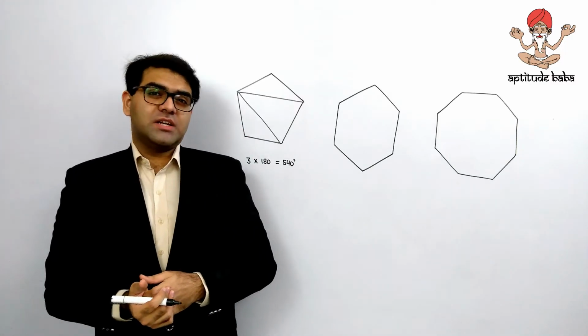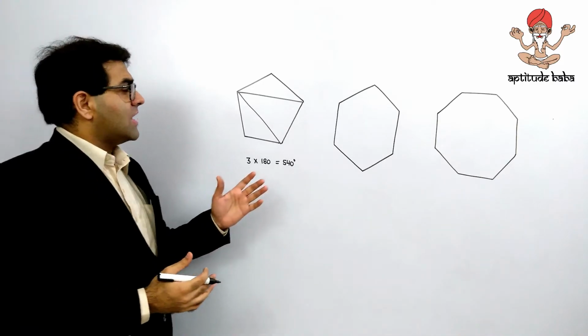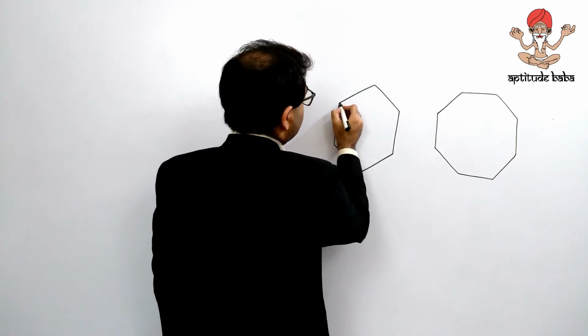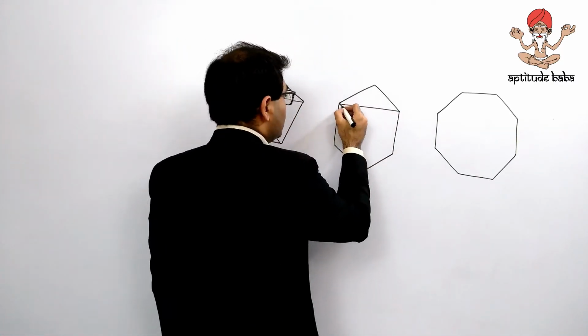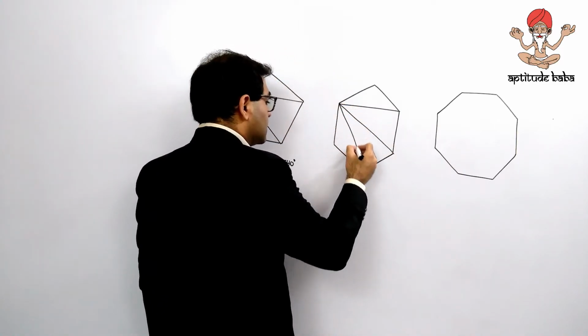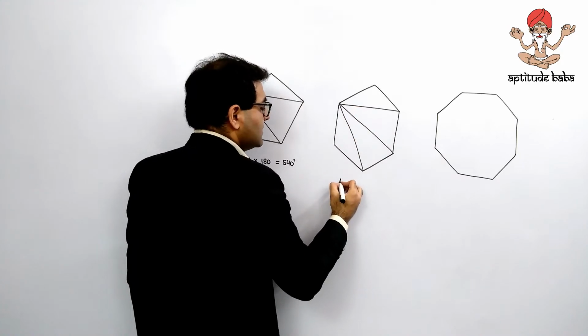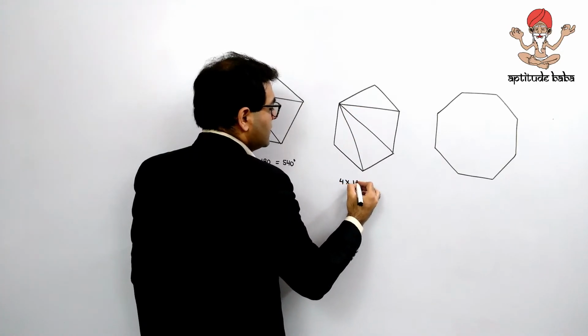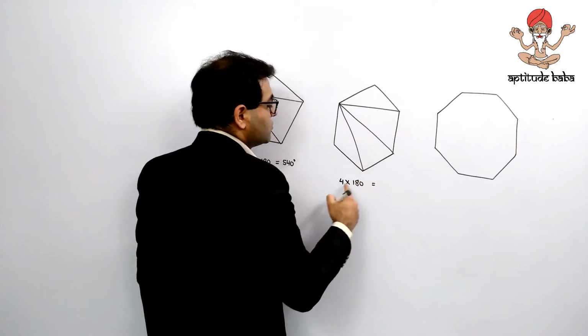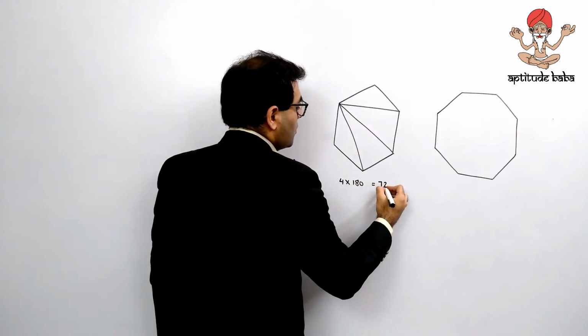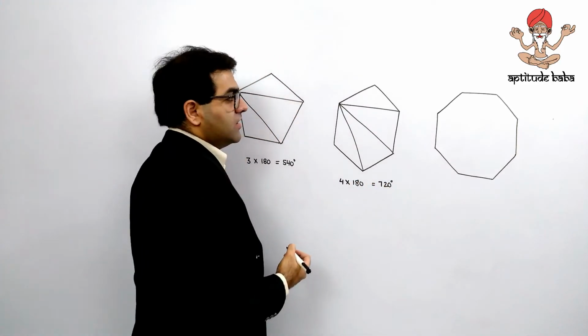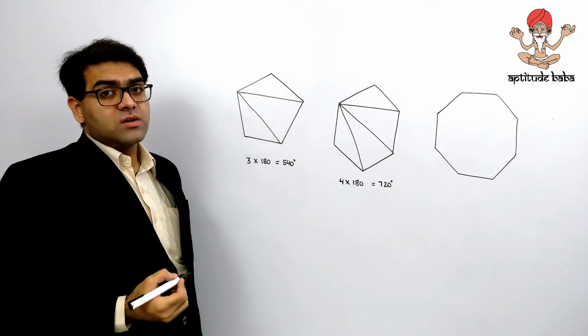In a similar fashion, I can consider a hexagon. A hexagon can be divided into 4 triangles. Each triangle has sum of angles as 180. So can I say the total sum of interior angles of a hexagon has to be 4 times 180, or perhaps 720 degrees. Consider an octagon.